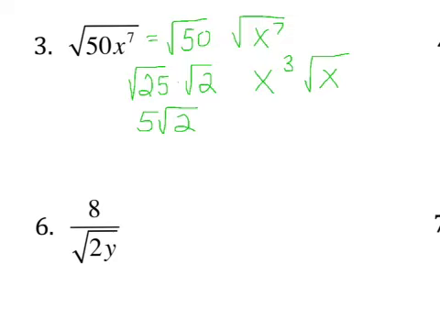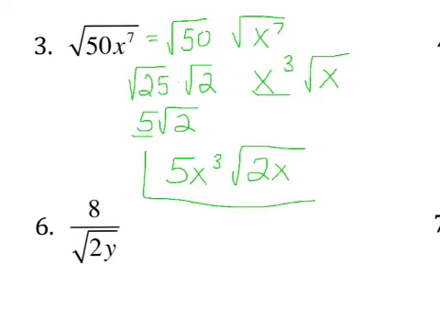Okay? So now we're going to take the 5 and the x cubed, since they're on the outside, and write them together, 5x cubed. And then the 2 and the x stay inside the radical. So this is the simplified answer.